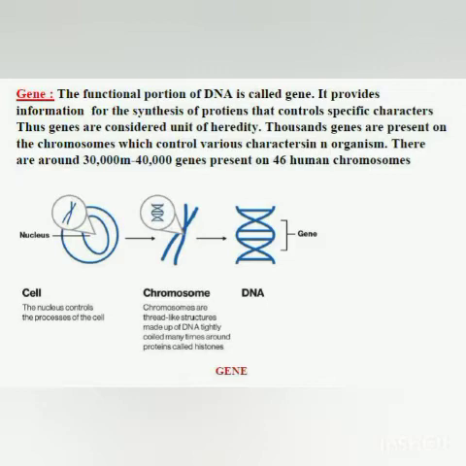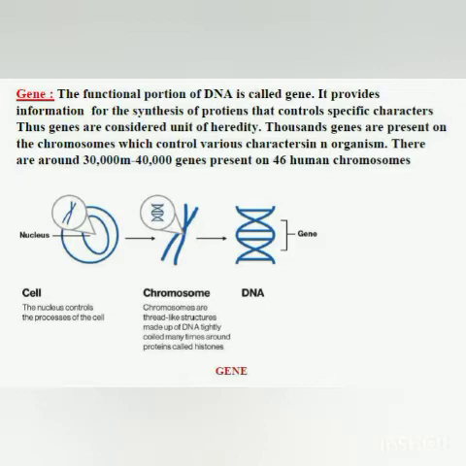Again you can see the diagram of a gene here. You can see this is the cell. In the cell, the chromosome is present. What is this chromosome? This chromosome is actually the DNA, and you can see here the gene is marked.